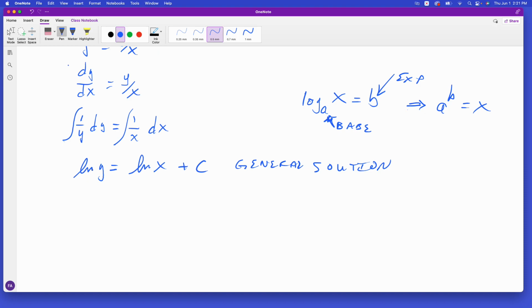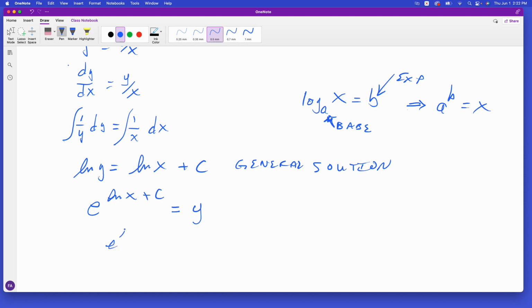But here we're saying ln, the base there is an understood e. So this is e to the ln of x plus c is equal to y. And you could have written that the other direction with the other piece on the other side. And again, we can continue to write that because the addition of the powers here is the same thing as the multiplication of the bases with the same powers.